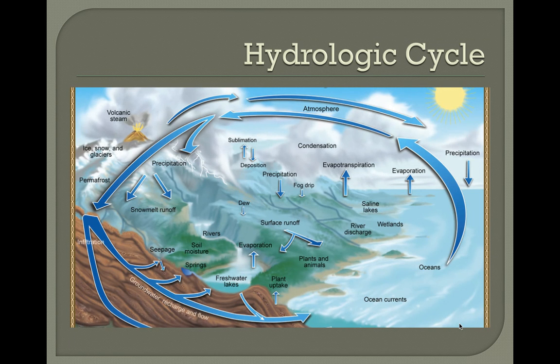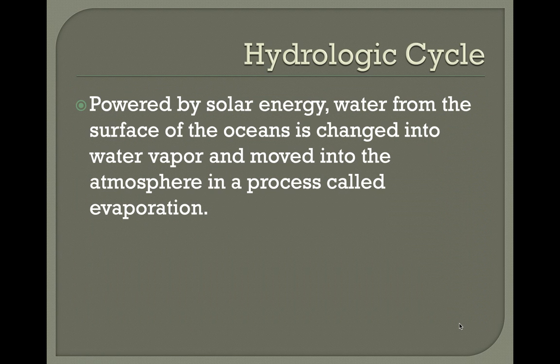When we're looking at the water cycle, this is powered by solar energy, if you think about it, because you have to have that solar energy and the heat in order for the water to evaporate. When that heat causes it to evaporate, it's going to be taken up into the atmosphere and eventually becomes so heavy and weighted down that it's going to fall as some sort of precipitation.